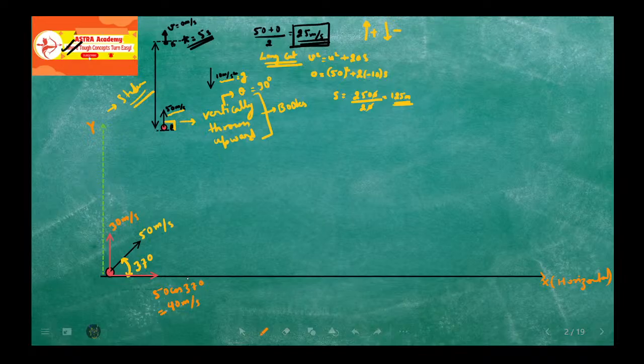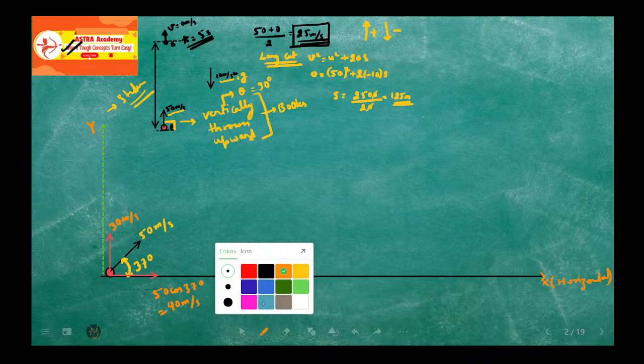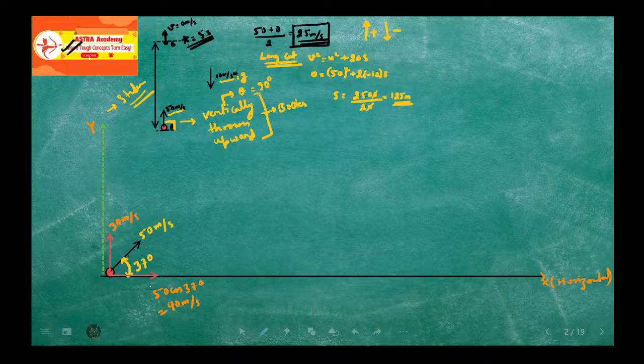Now you tell me, I'm just asking a fair question. If this component of velocity, which is along the x-axis, were absent, then this motion will be simply motion in 1D, that is motion under gravity. The effective velocity would be 30 meter per second only, right? What is the role of 40?